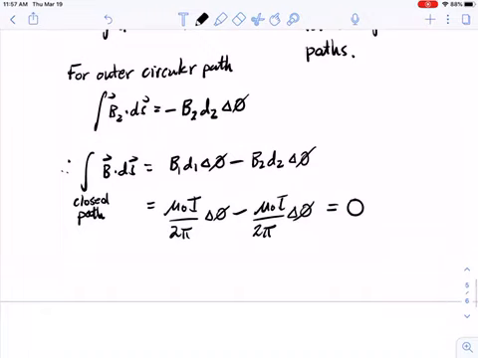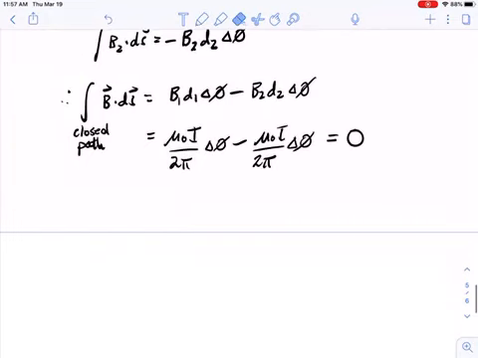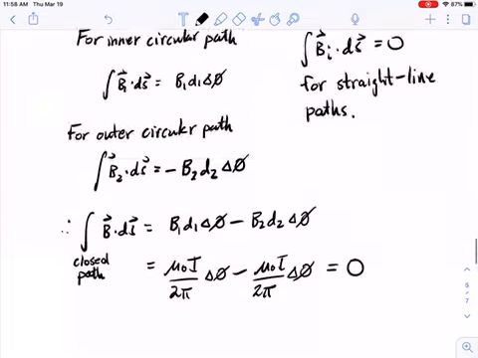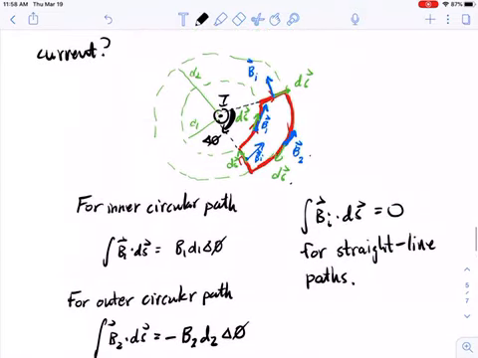We could also express this as B.ds around a closed path, and we could still say that that's mu naught I through. It's just that for the path that we examined in this particular case, the current through the path is 0.